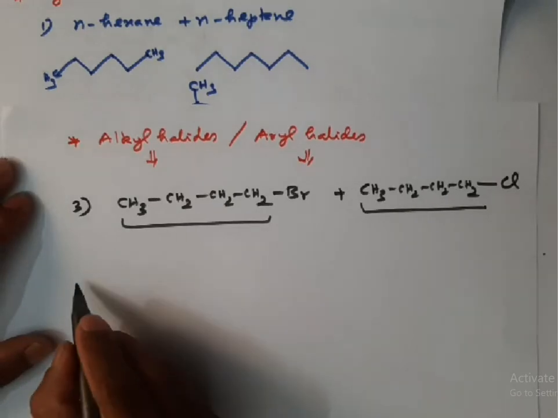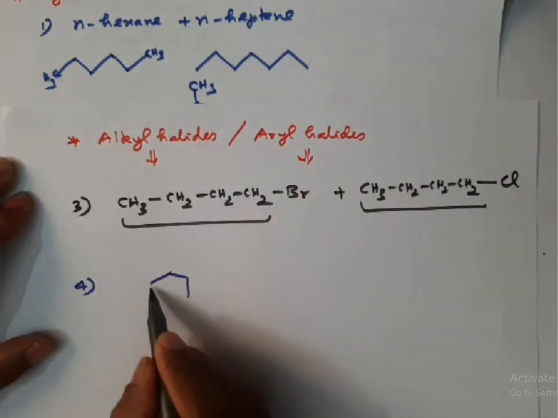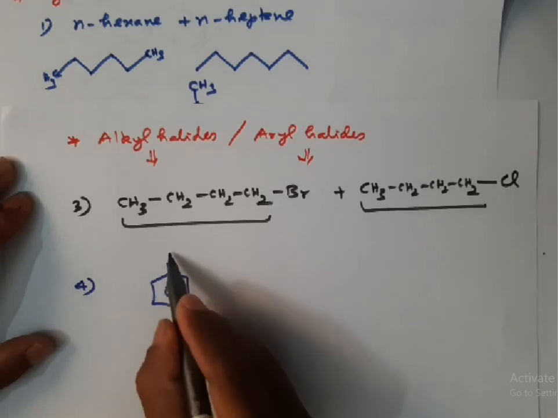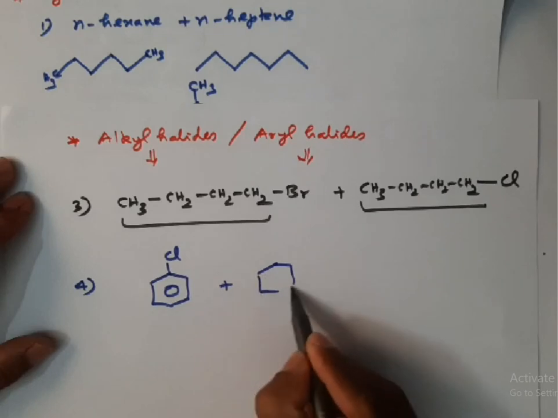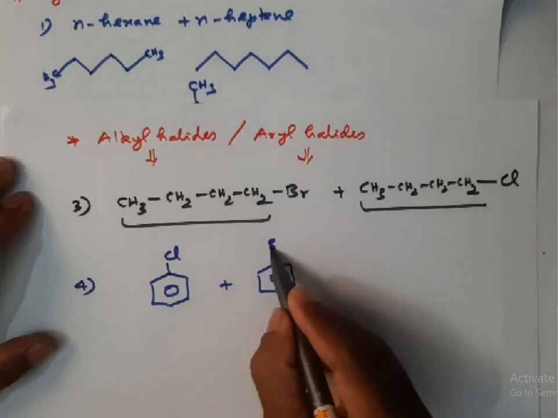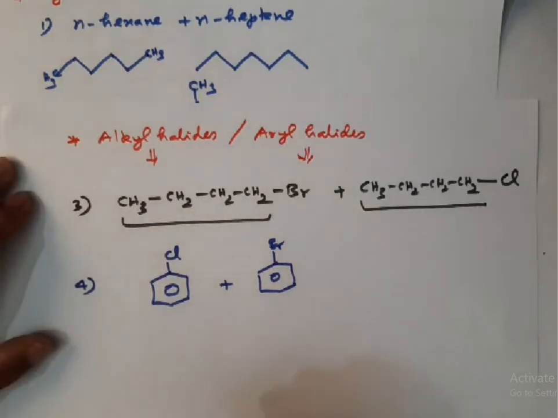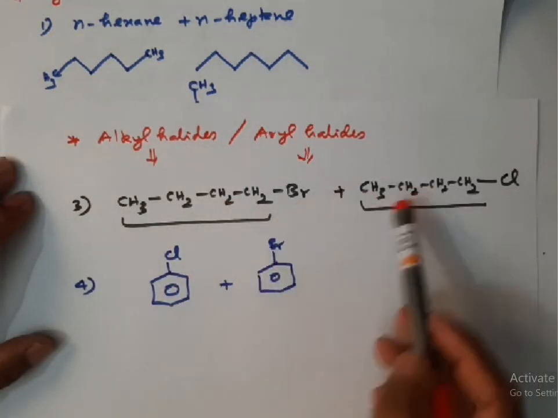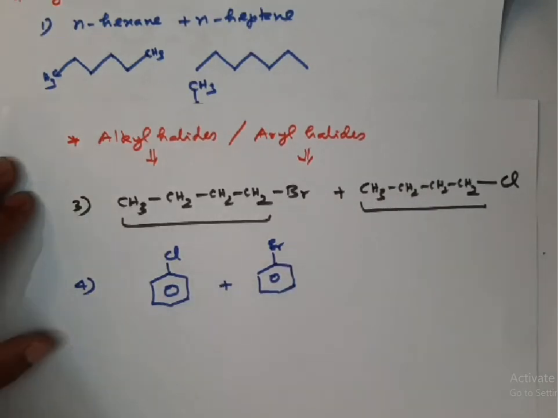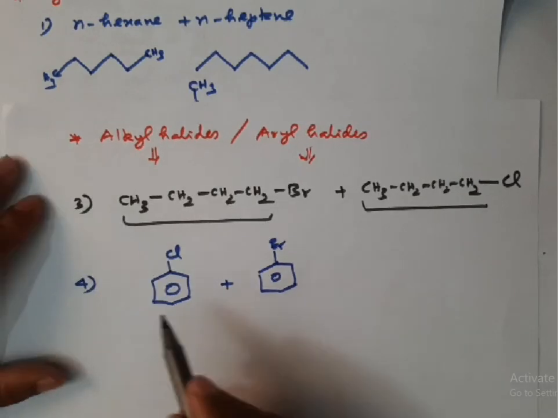Similarly, I'll take aryl halides, say chlorobenzene and bromobenzene. They are aryl halides. These two are alkyl halides, these two are aryl halides, and chlorine and bromine are adjacent halogens. Therefore, they form ideal solutions.